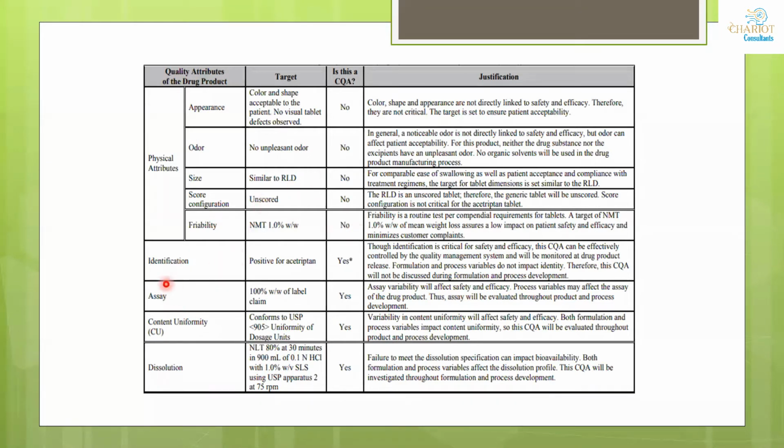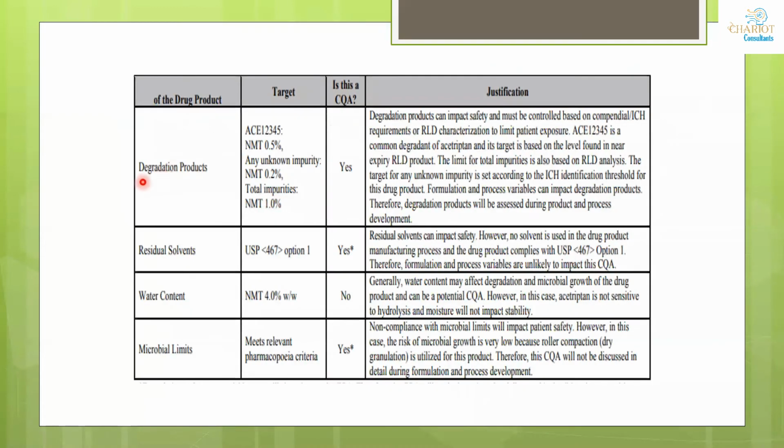So is that clear? Which CQAs are important for a drug product? The degradation products, your impurity levels. You will target your impurity levels as per the ICH guidelines Q3A, Q3B, Q3C.